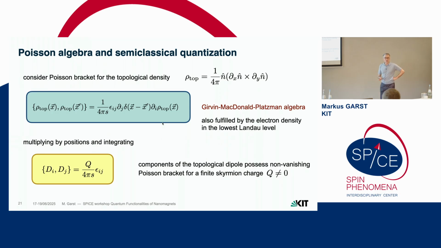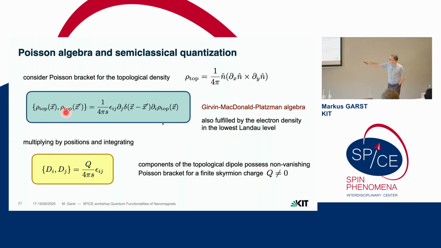So if you replace the topological density with the electron density in the context of quantum Hall and project it to the lowest Landau level, you find that it fulfills the exact same algebra. This is responsible, for example, for charge neutral excitations in the fractional quantum Hall state. So there is a very deep connection between the dynamics of topological textures and quantum Hall physics.